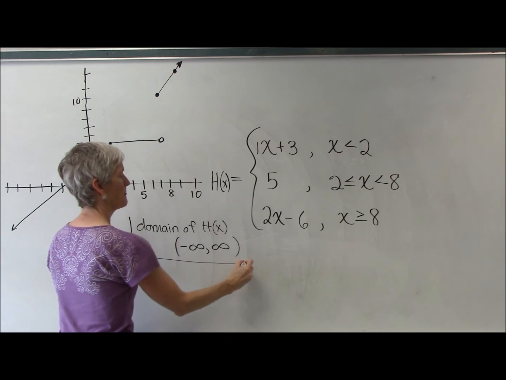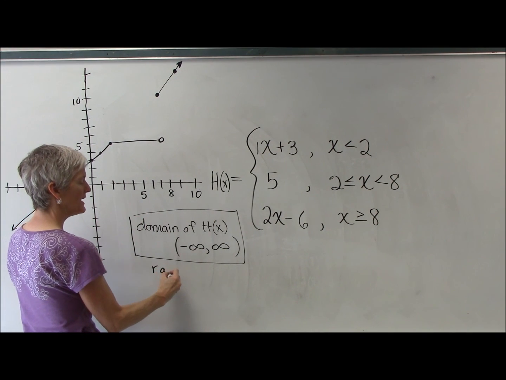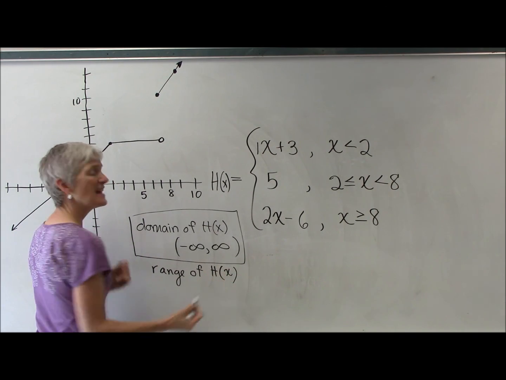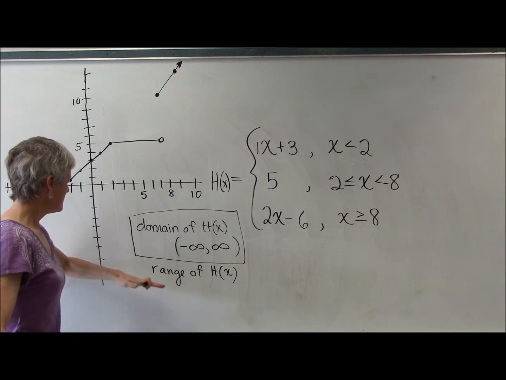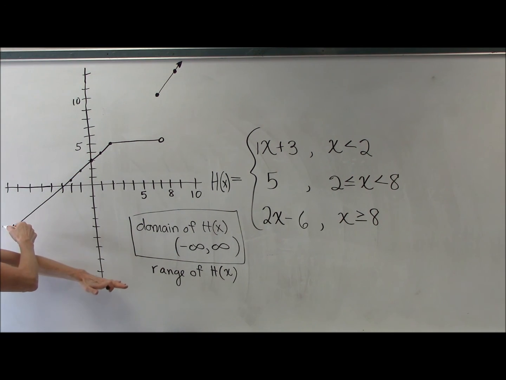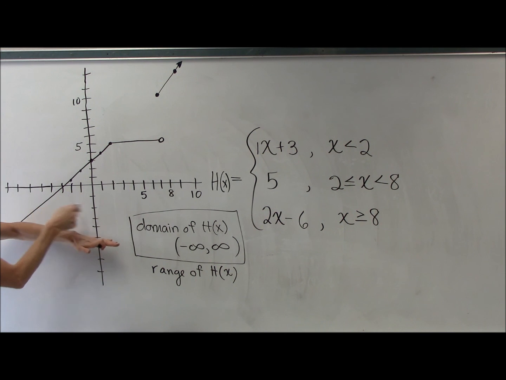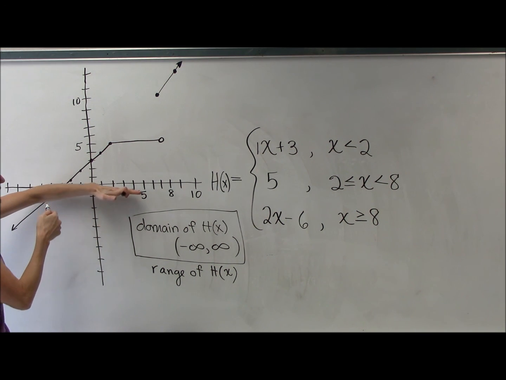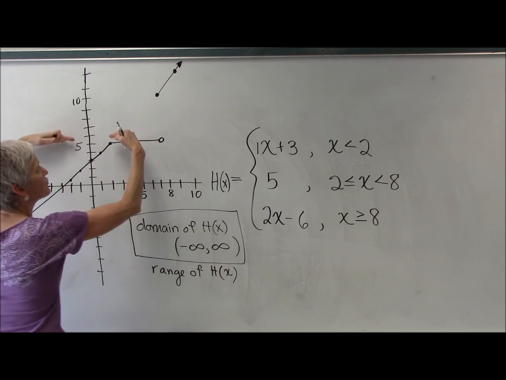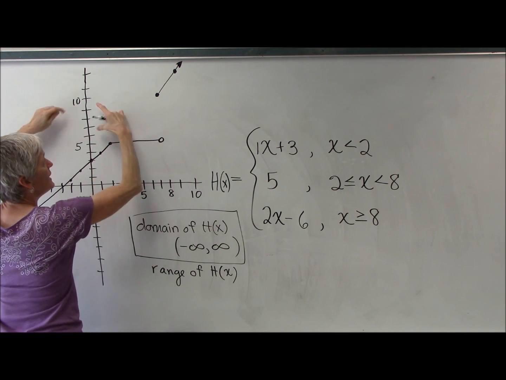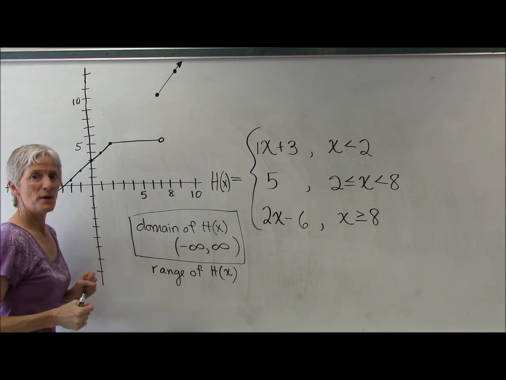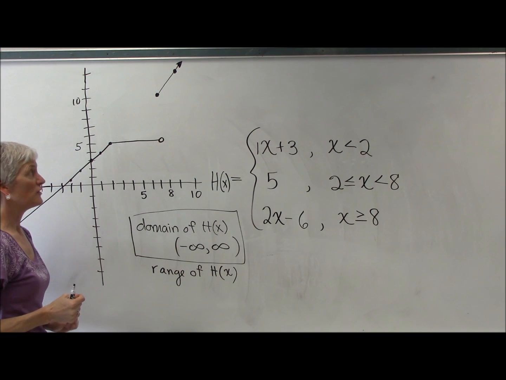Okay? How about the range of h of x? That's the set of all possible y values. So let's see, if I'm starting swooping down from up, all right, this guy is going down, down, down. All these y values are going to be part of this piece. So far, so good. But then, oh my gosh, look, there's this whole region of y's that don't get to participate in this function h of x.